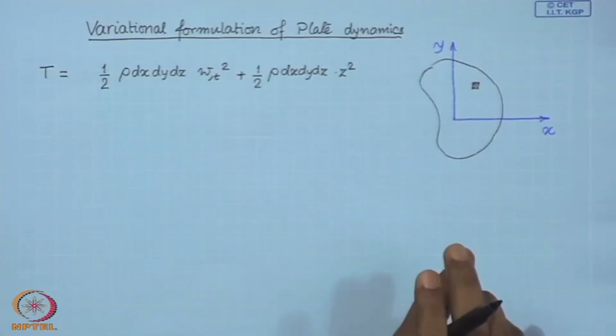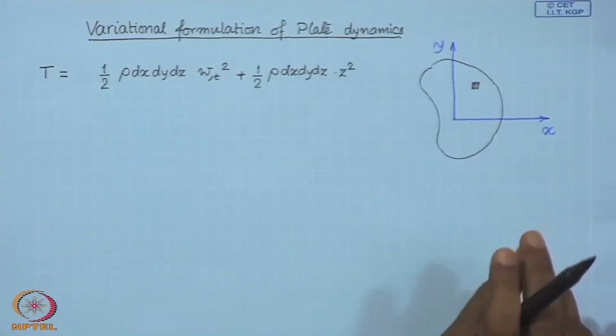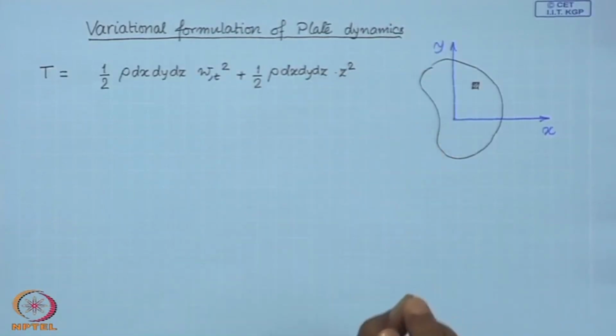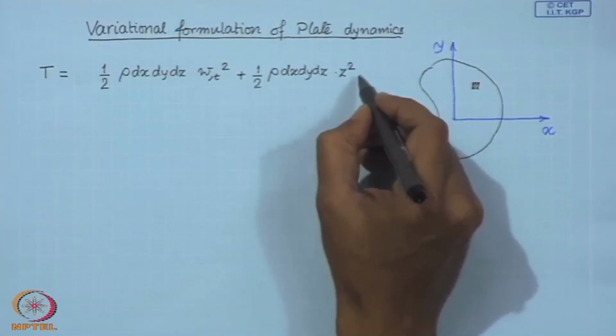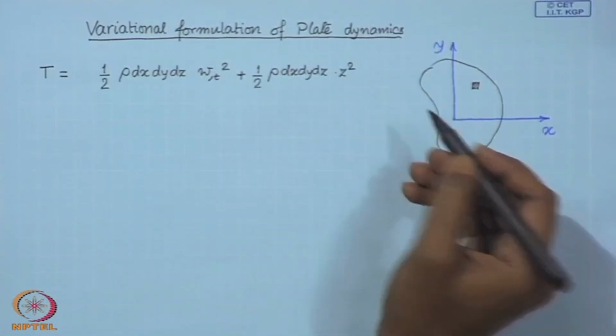So, mass times the distance from the neutral plane square will give the moment of inertia of this little element at height z from the neutral axis, times the angular velocity square.